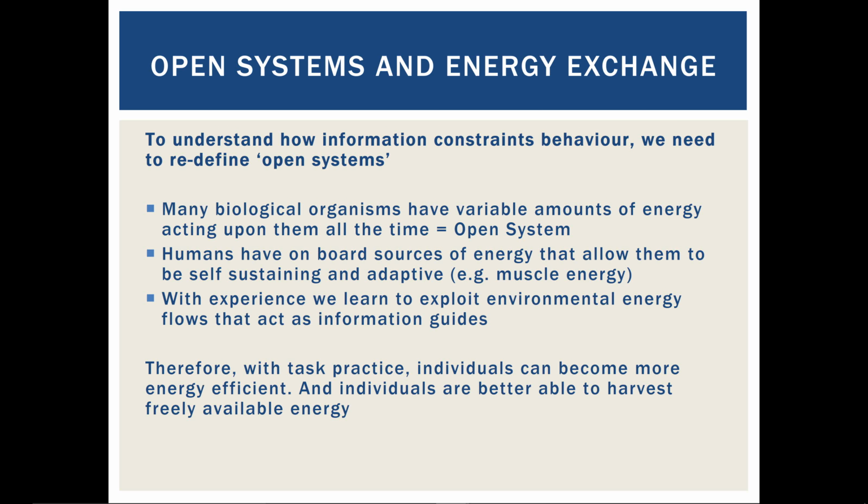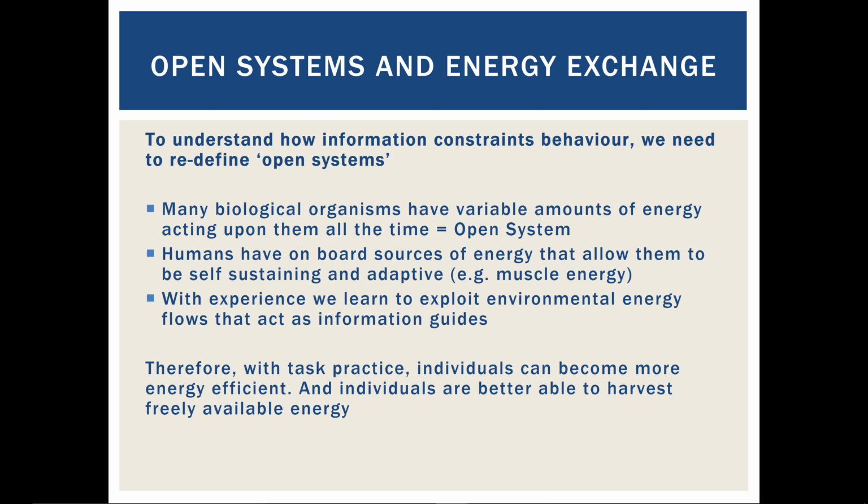Think about it as playing a game of soccer. If you're a central defender, based on how the opposition is running at you, how they are playing the ball, the speed with which they're running, you're continuously adapting your position to try and intercept the ball, for example. That's an example of an open system.